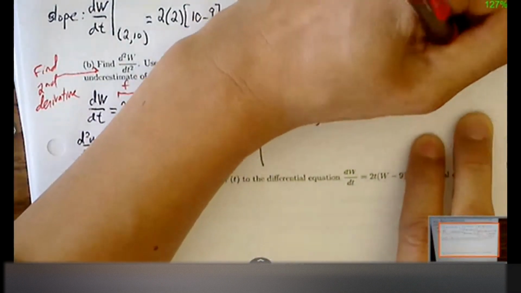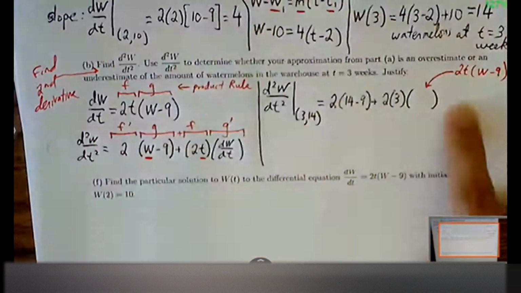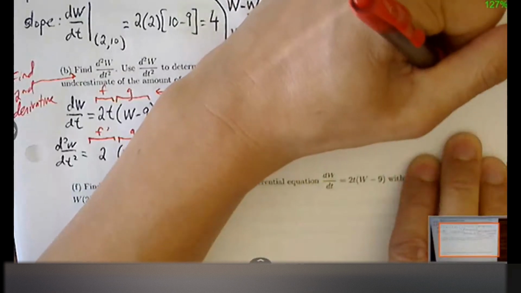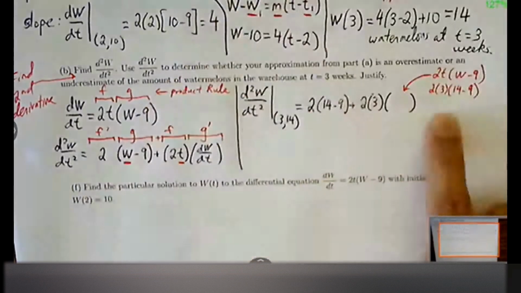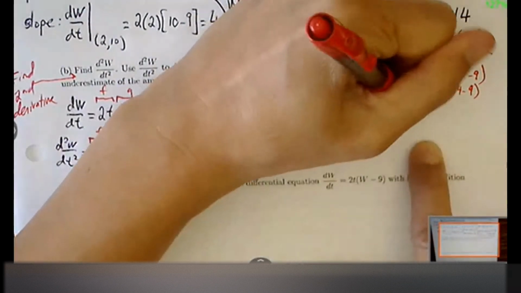So dw dt is just 2t times w minus 9. Just going to take that and insert that here. t is 3, w is 14. So 6 times 5 is 30, so 30 is going to go in this slot here.